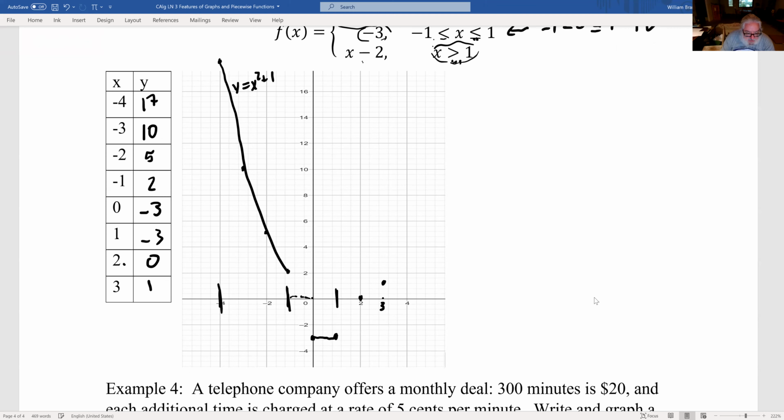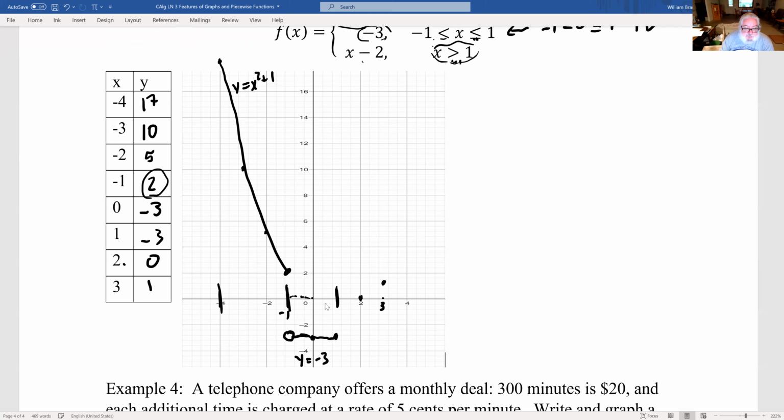The x is all the way out to here. And we go out to here to the left, y equals minus 3, and then an empty circle there, because when x is minus 1, the y value we want is y equals 2, that's this part, and not y equals minus 3, which is that part.